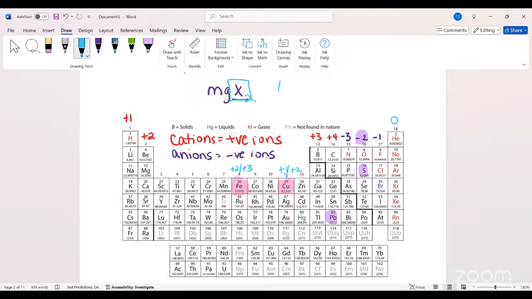So this could be magnesium chloride, because magnesium has a +2 charge, and this X element has a charge of -1. And how do we know it's 1? Because there is no number assigned to magnesium once they swap. So you end up with MgCl2, for instance. And if we were looking at X, the X would be chlorine.